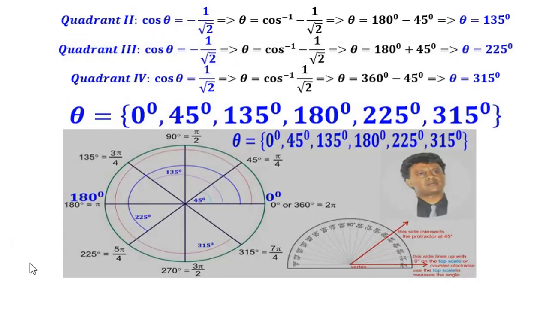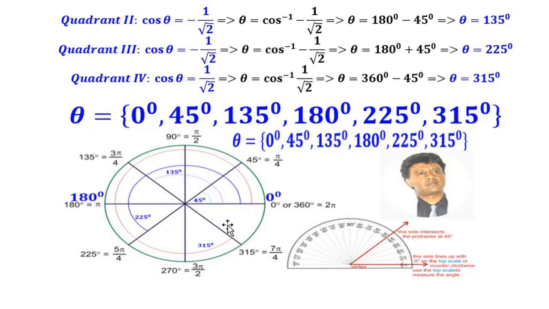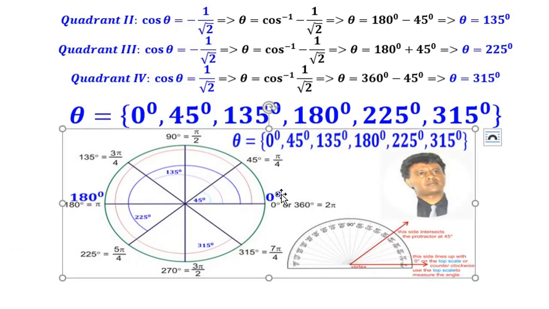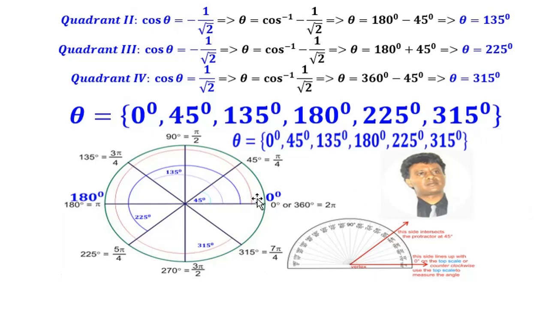And here it is in picture format. So you have the quadrantal angle 0 degree. Then first quadrant is 45 degree, second quadrant is 135 degree, third quadrant is 225 degree, and the fourth quadrant is 315 degree.